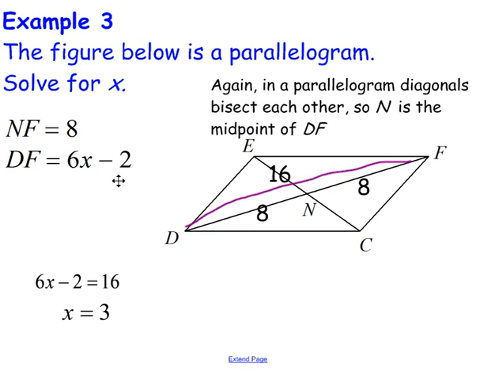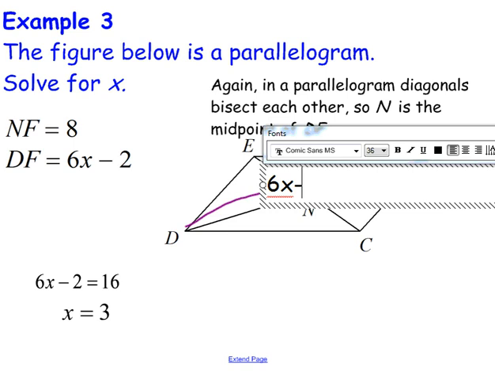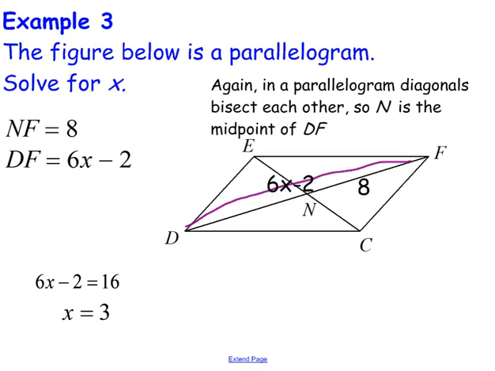So you can also approach it like this. So let me get rid of that. So you could label NF 8, and we know that DF is 6x minus 2. So the whole thing is 6x minus 2. So what do we know?